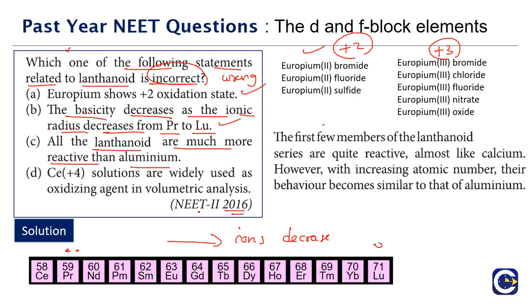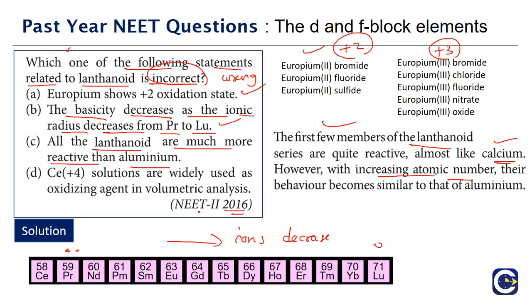Why? Because only the first few lanthanoids, they will be highly reactive. In fact, they will be as much reactive as the alkaline earth metals like calcium. But with the lanthanoid contraction, as the size is decreasing, the reactivity of the metals is also going to decrease, because large size metals will be what? More reactive, because metal nature means about losing of electrons.